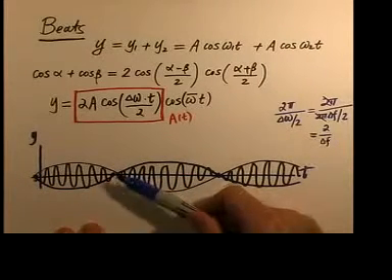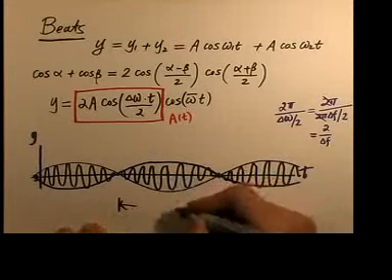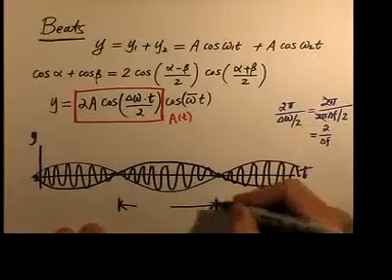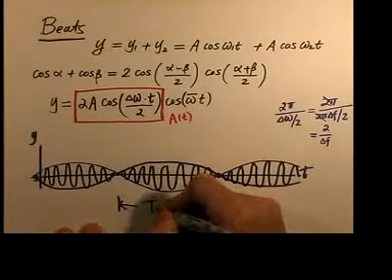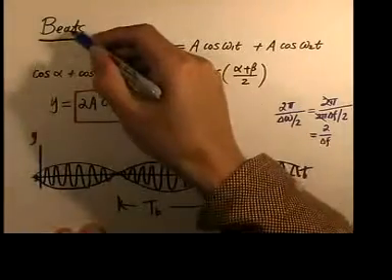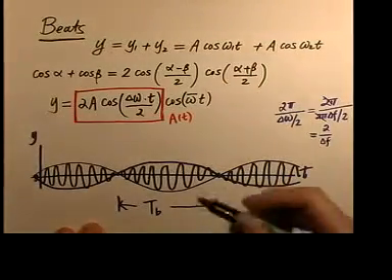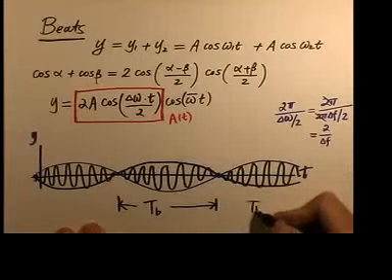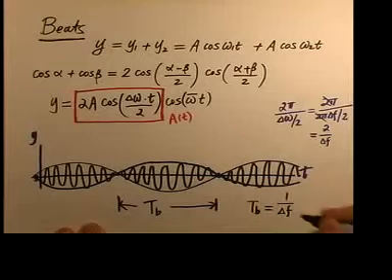And that is half of that time. So the time it takes for the intensity to vary one cycle, T_B, B standing for beats, is really just half of this time. So T_B equals 1 over delta f.